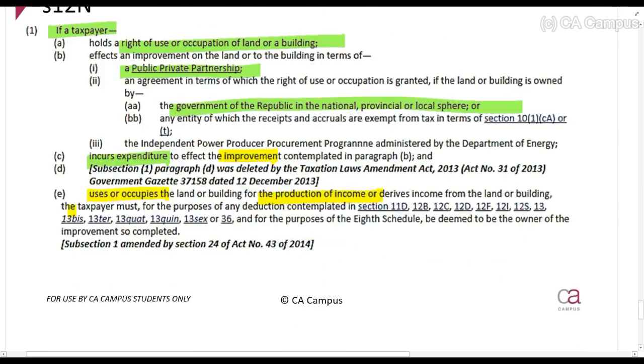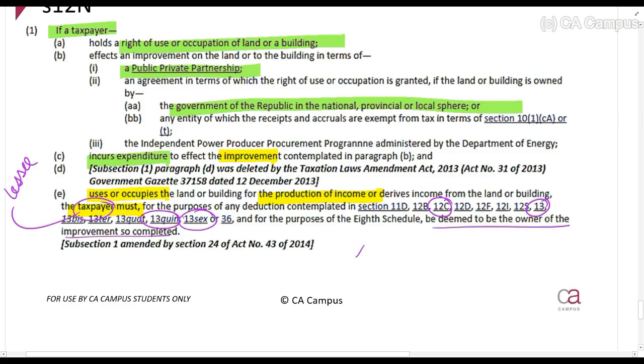Then they tell you the taxpayer, so this is the lessee, must for the purpose of any deduction in terms of the relevant sections, Section 12C manufacturing assets, Section 13 factory buildings, Section 13 quin office buildings, Section 13 sex residential accommodation, for those purposes, you must be deemed to be the owner of the improvement.